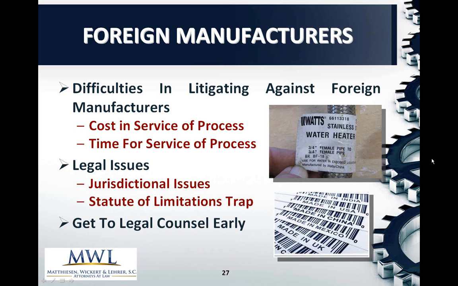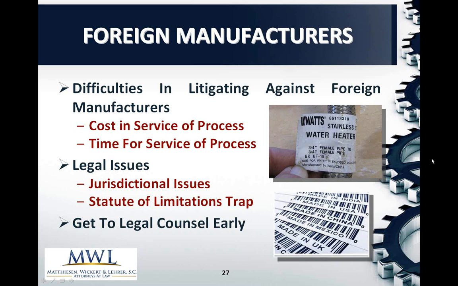So watch out, especially for the statute of limitations trap that I talked about earlier, because if all of a sudden you have a foreign manufacturer, you need to get them involved, and it's not always easy to find out their name, their address for service, who is involved.